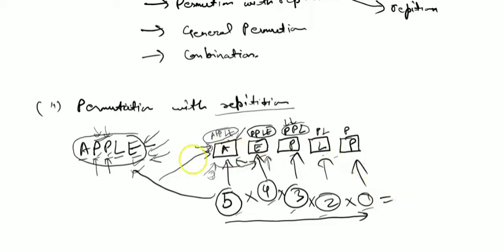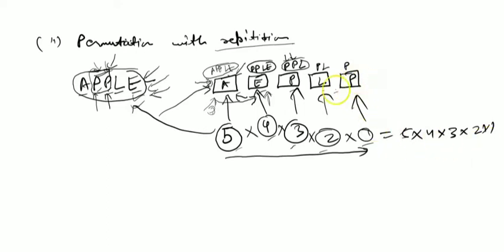But because there are actually two repeating alphabets, which is P and P, you cannot have this as an answer. You cannot have 5 into 4 into 3 into 2 into 1 as an answer, because you need to consider the fact that P is actually repeating twice.